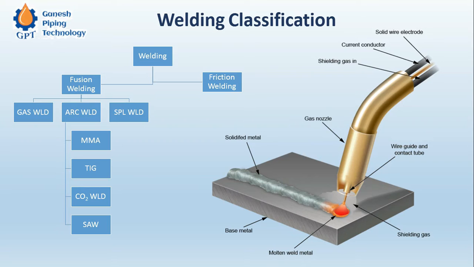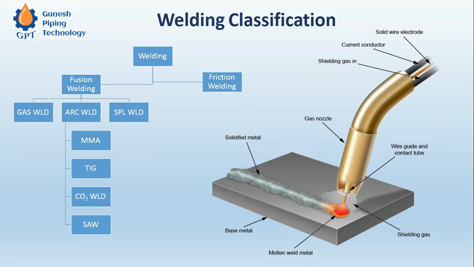So we go in this case with TIG, tungsten inert gas. It is also called argon welding because there is a gas which is required to shield, to cover the molten metal, otherwise it will get oxidized and we cannot get a good quality weld.